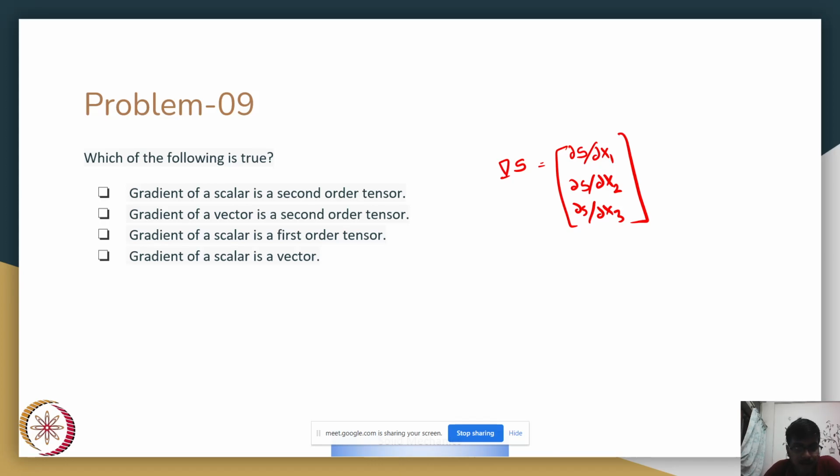So the gradient of a scalar is a vector, which is a first order tensor, whereas the gradient of a vector is a second order tensor, as we just saw. Gradient of V is a matrix of the form dou Vi by dou Xj.